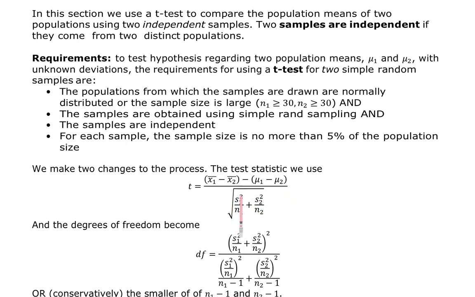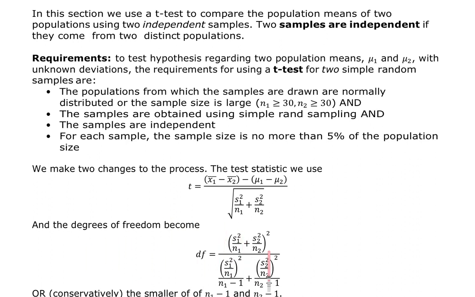And notice here, instead of s squared divided by n, it's now s sub 1 squared over n1 plus s sub 2 squared over n2, and then you take the square root of it. So the test statistic changes because we now have two potential population means, and of course the standard deviations for each sample will be different. And also the number of items we get from each sample could be different as well.